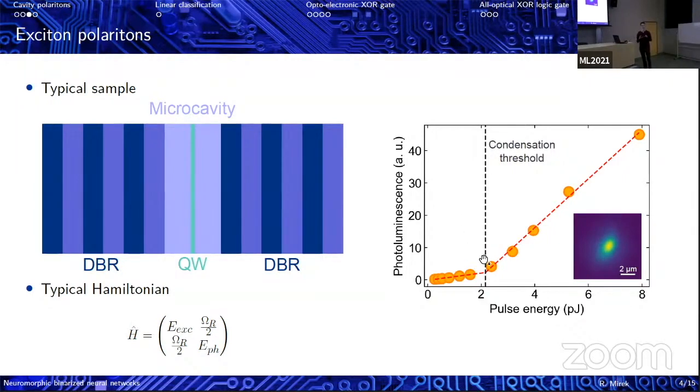These particles which I'm talking about are bosonic, so they can undergo a phase transition to a Bose-Einstein condensate. And this is what you see here. Above some threshold, we have a phase transition to the condensate, which is indicated by the nonlinear increase of the intensity. We also have other indications, but this is the easiest one to see.